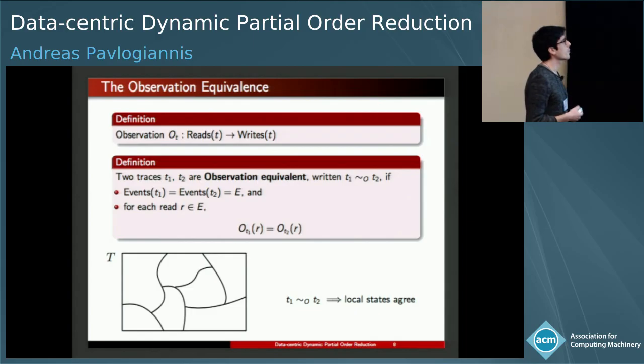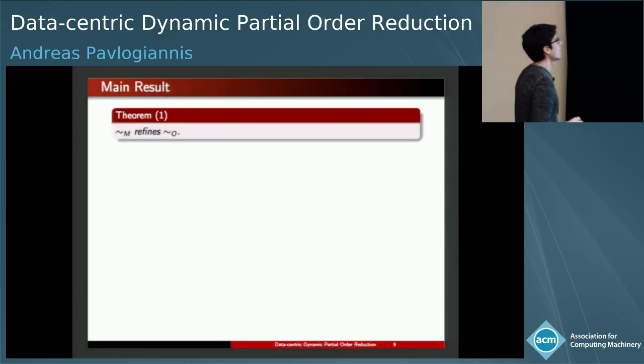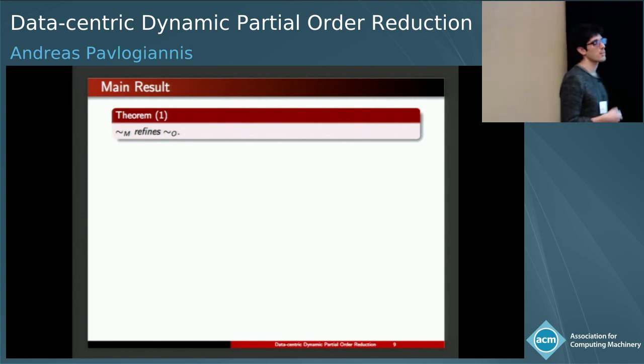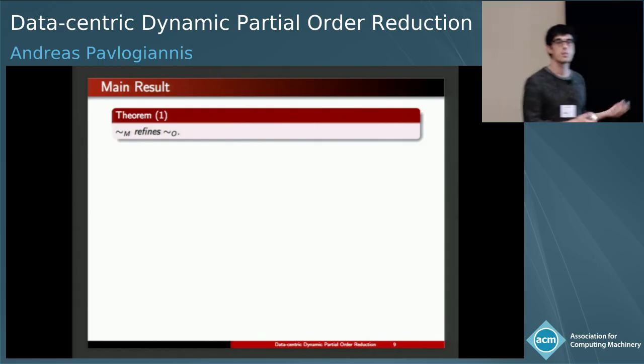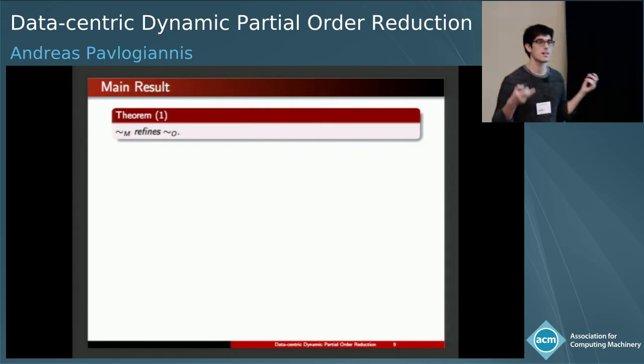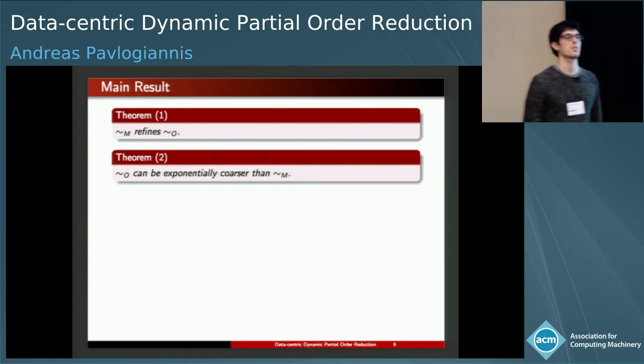And now, the key result in the paper comes in the form of three theorems. Theorem 1 states that the Mazurkiewicz equivalence refines the observation equivalence. In other words, the observation partitioning will never have more classes than the Mazurkiewicz partitioning. Theorem 2 states that you can go even further. The observation equivalence can become even exponentially coarser than the Mazurkiewicz one.